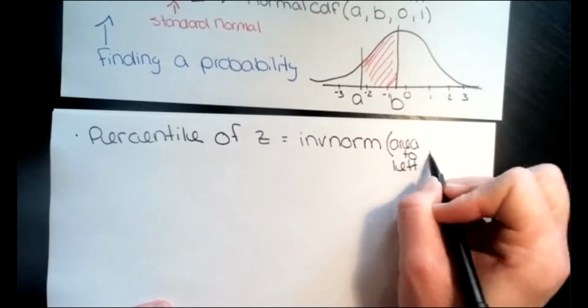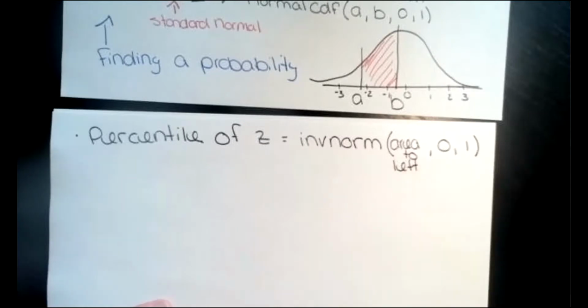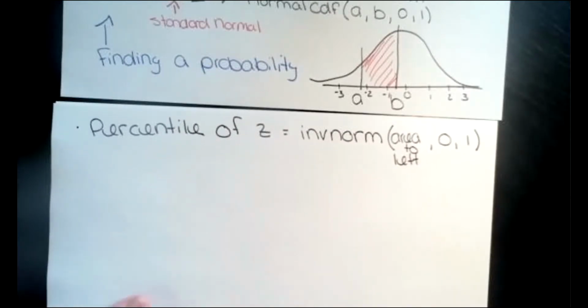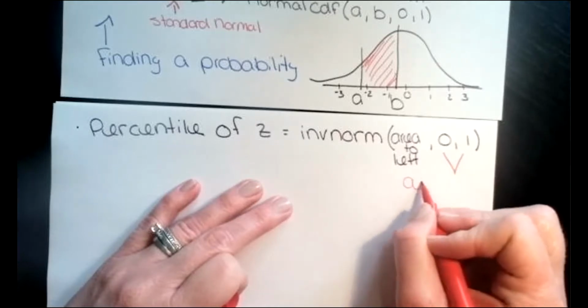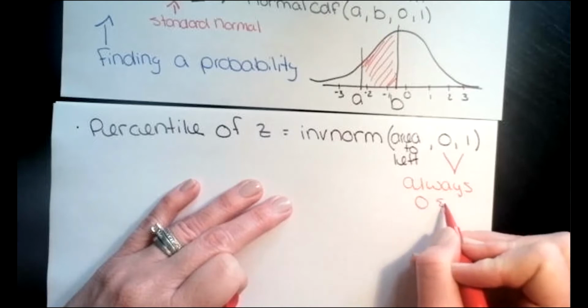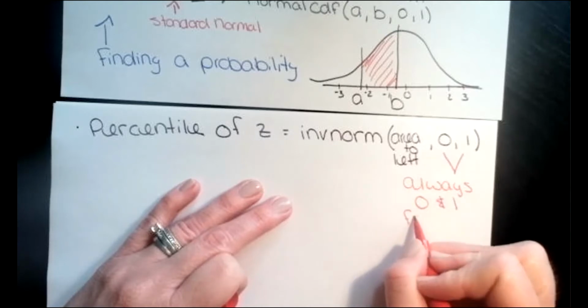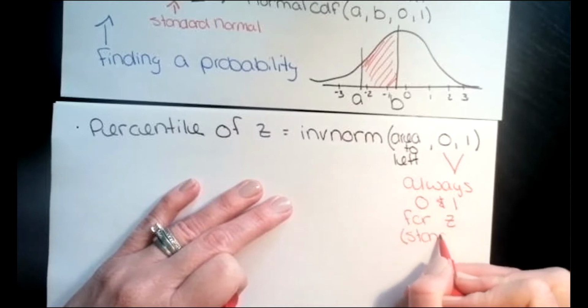I'm out of room, so I have to write it like that. And then again, my center and spread, 0 and 1. So these do not change. This is always 0 and 1 for Z, the standard normal.